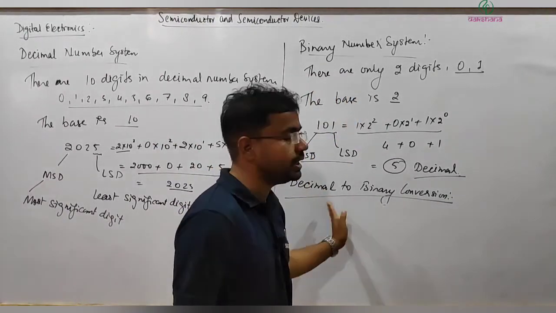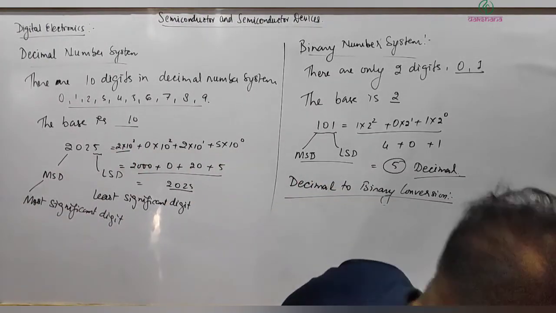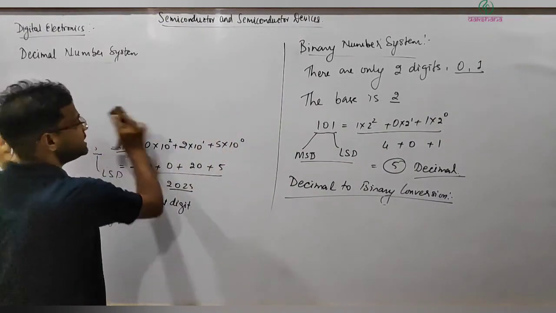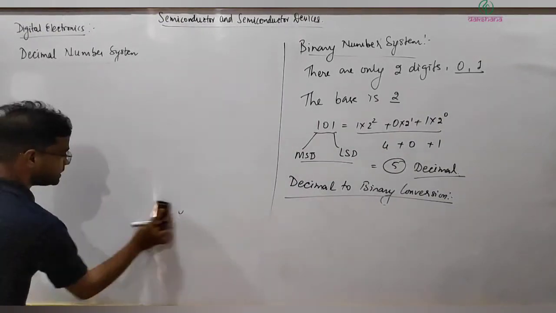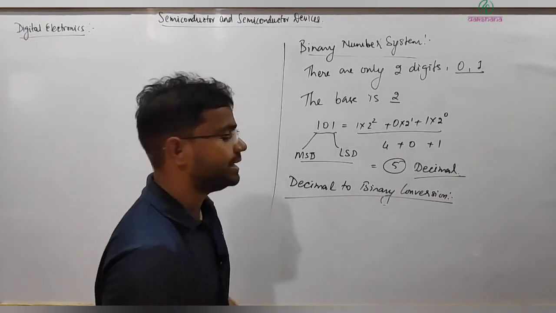Now how can we convert a decimal number system to the binary number system? Let me first tell you this directly with one example, then you will understand it exactly. Its method is simple, very simple, nothing complex. So, conversion of decimal to binary.